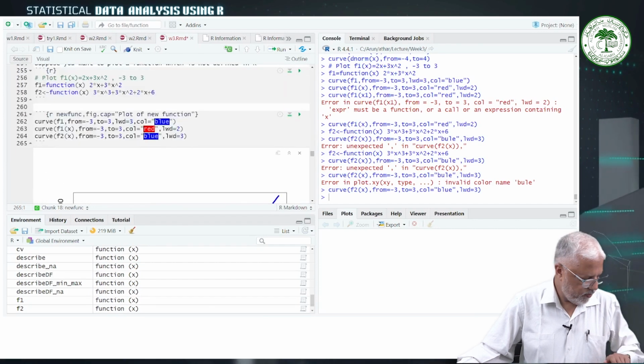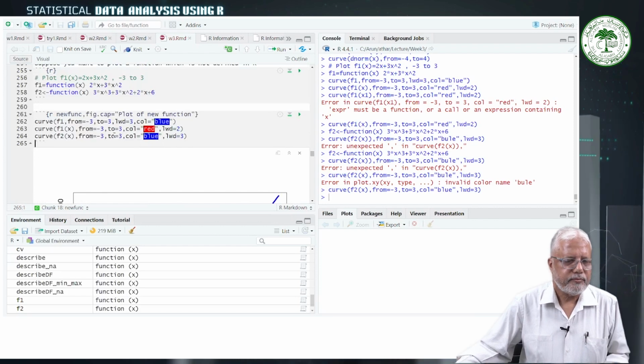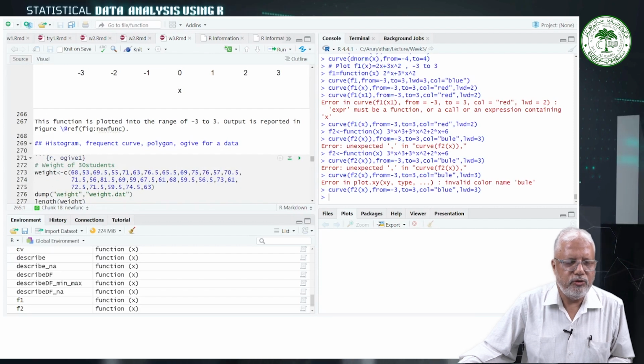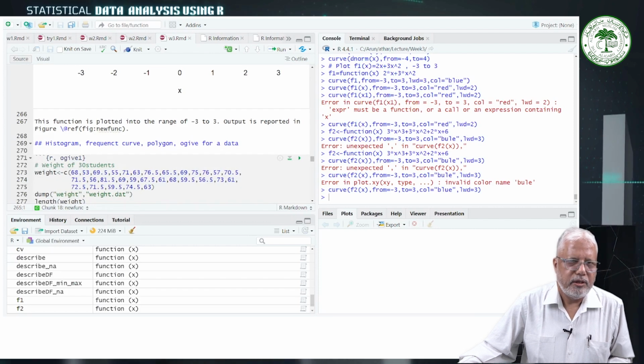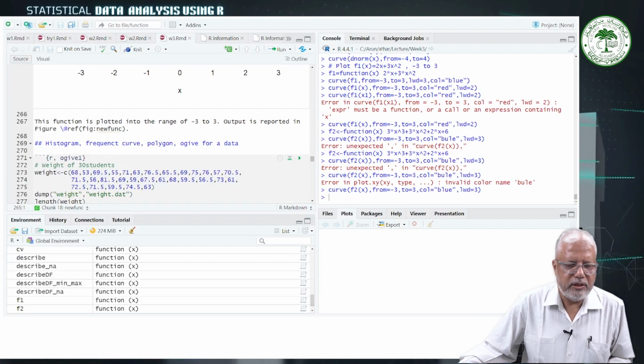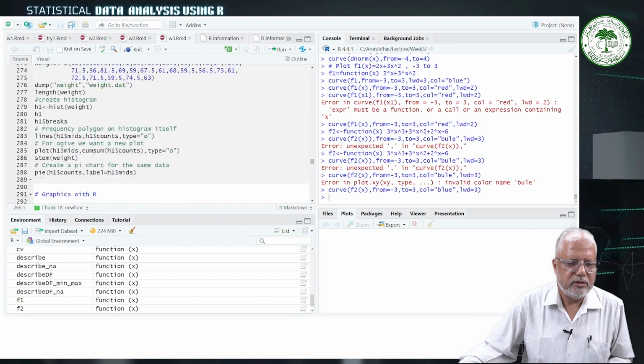So this way you can define any function and you can get the result. Now I shall continue on these things, graphics, in the next lecture tomorrow.